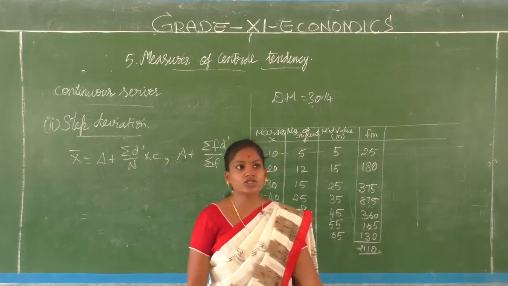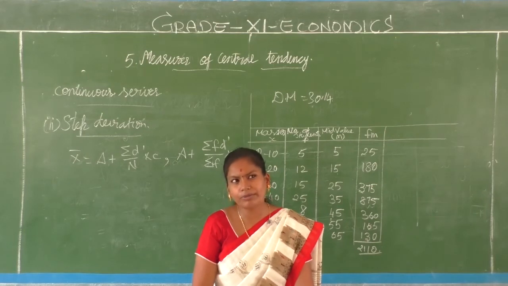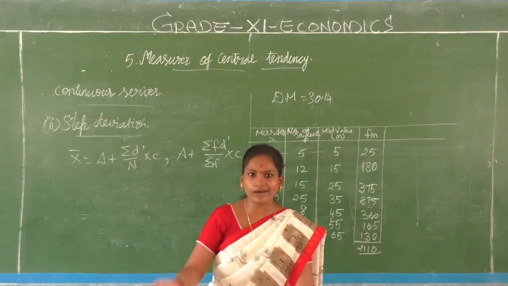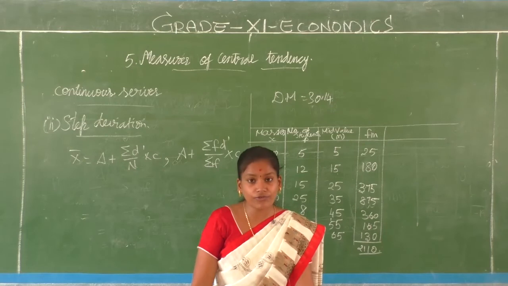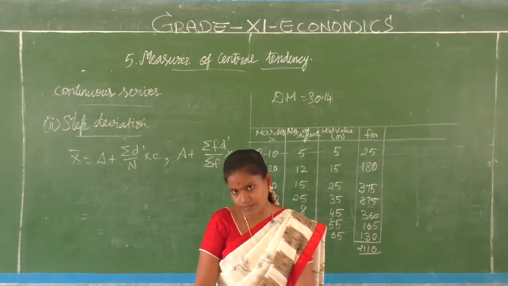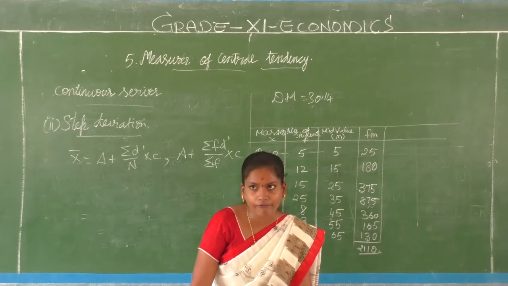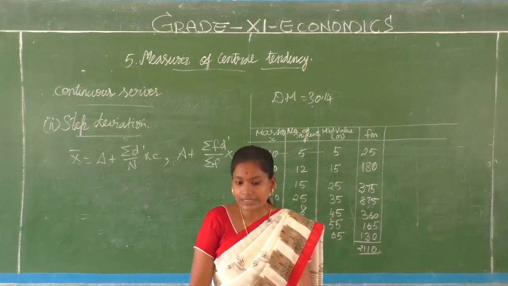So definitely the assumed mean method is also possible. How do you do the assumed mean method? You have to take a step earlier. First you need to find the d, then you have to multiply it with f, and then proceed with the same method as we did in the discrete series.